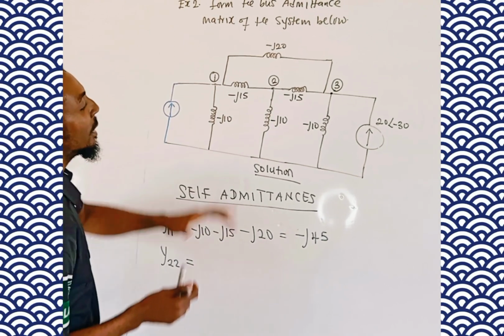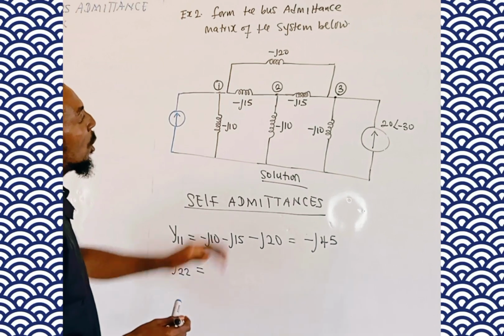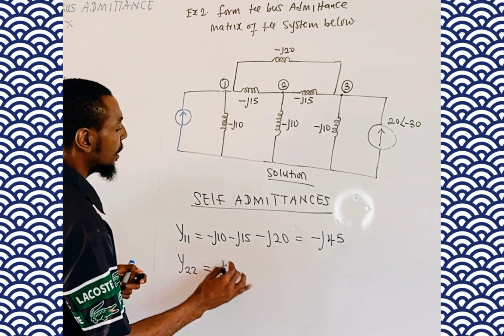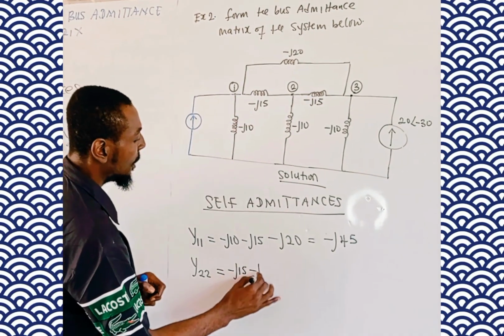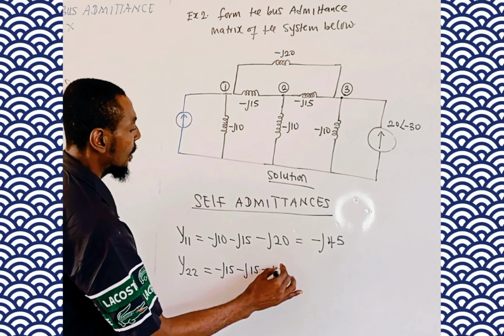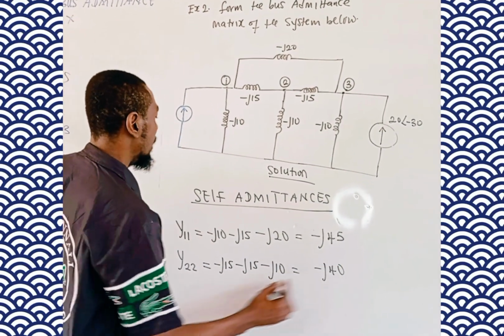So we have 3 admittances connected to bus 2, and we add them up to get Y22: minus J15, minus J15, and minus J10, which must be minus J40.